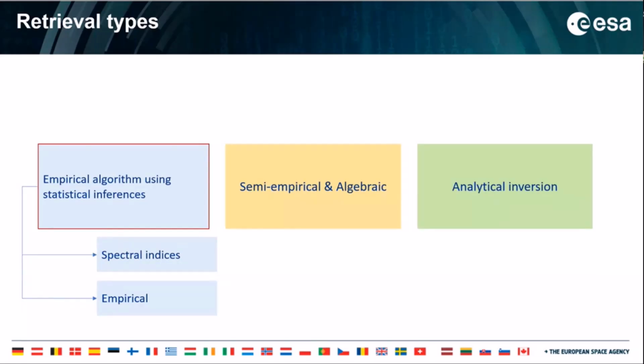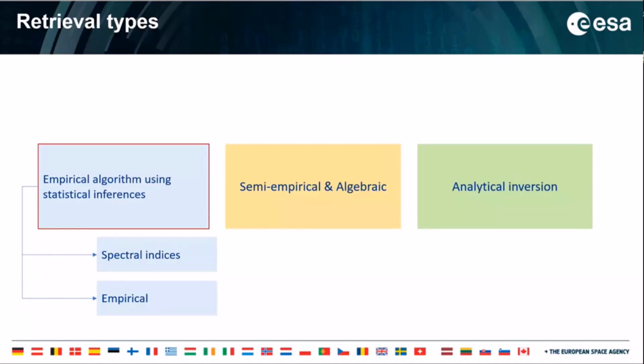There is another part which is algebraic, semi-empirical. This is mostly dependent on fitting. So you have the satellite image or the satellite pixel. It has what we call a spectrum. A spectrum is the reflectance value per band registered by the sensor itself.